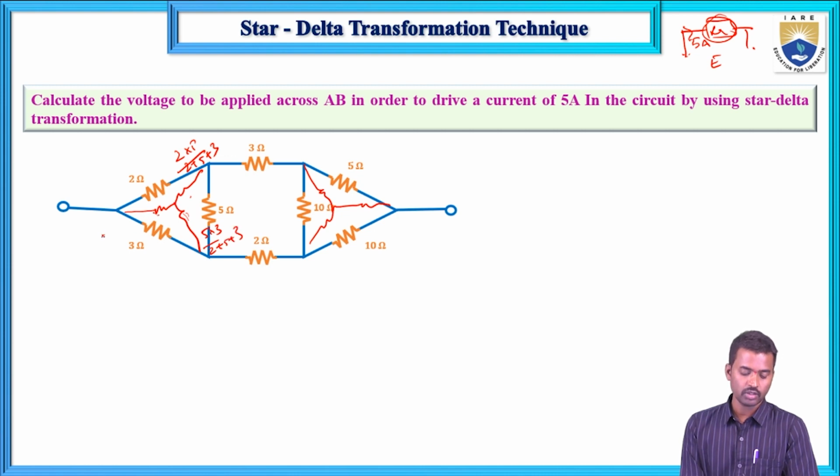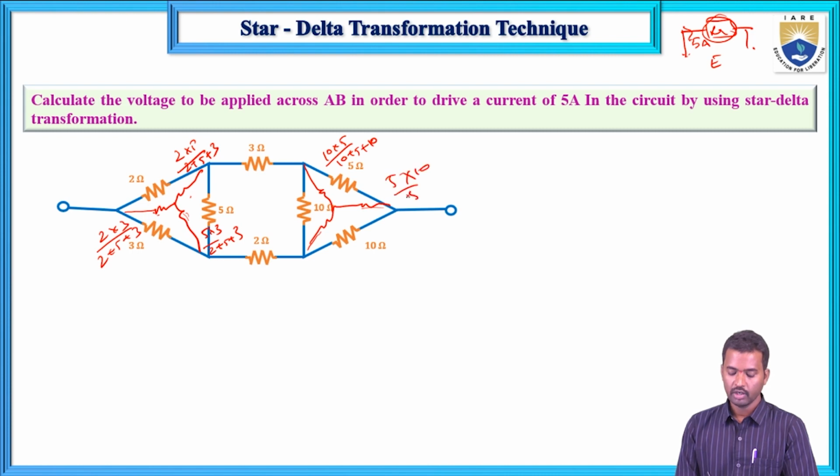And this resistance equals 2 into 3 divided by 2 plus 5 plus 3. And next, 10 into 5 divided by 10 plus 5 plus 10. And this value equals 5 into 10 divided by 5 plus 10 plus 10. And this value equals 10 into 10 divided by 5 plus 10 plus 10.